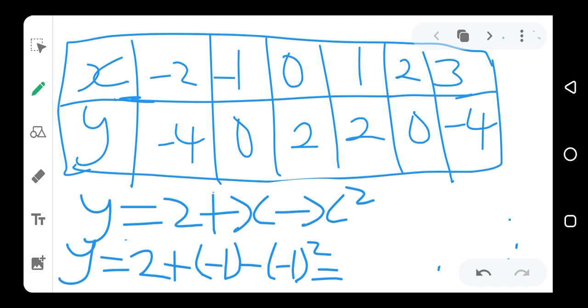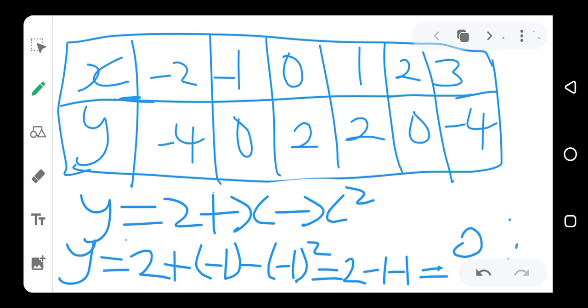This is going to give us 2 minus 1, and minus 1 squared is equal to 1, and with the minus sign in front it gives us minus 1. This gives us plus 2 minus 2, which is 0. So that is why we have 0 as the second value of y.